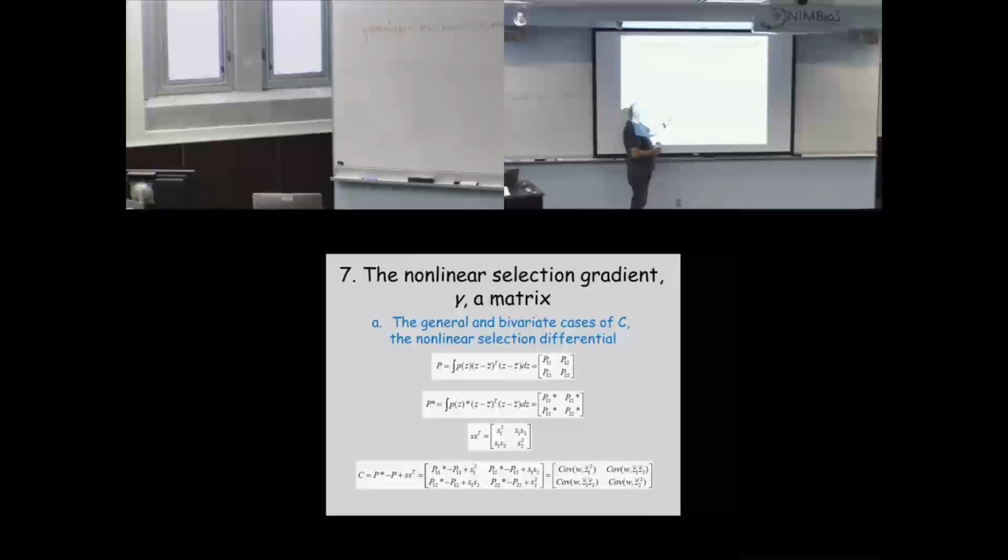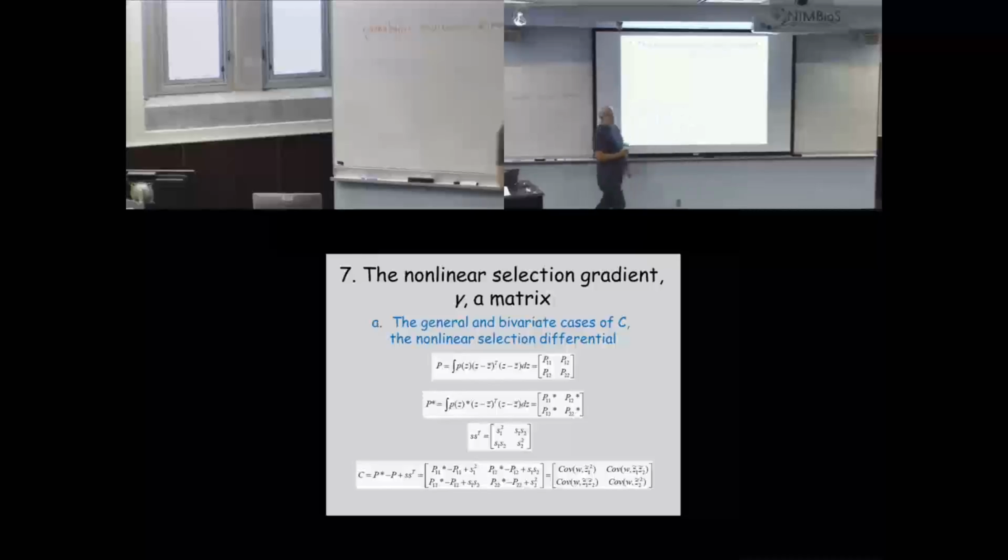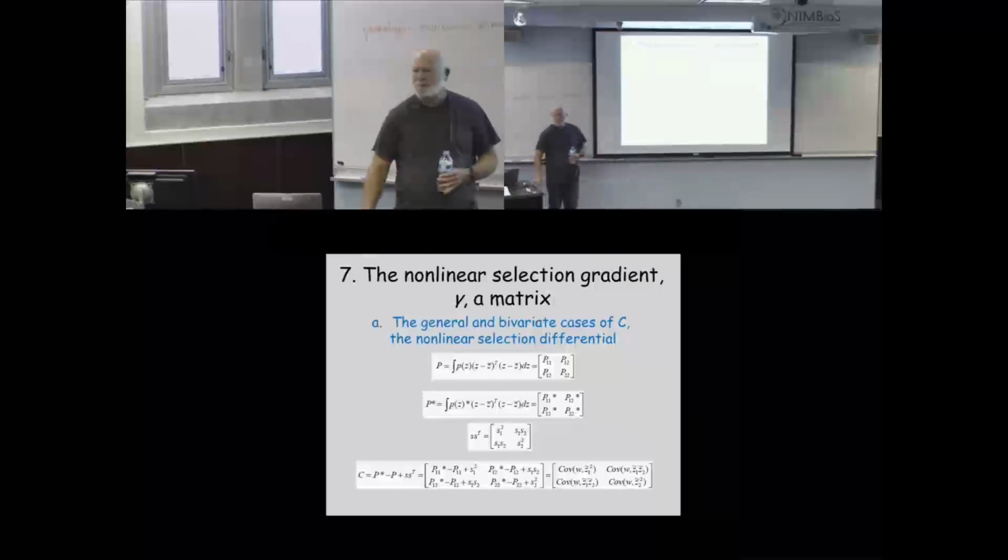S transpose is the same thing as a row. And that product then gives you that matrix. So this is the correction for the effects of directional selection on the variance of trait 1, the variance of trait 2, and here's the correction for the effects of directional selection on the covariance. Cool. You're right, I buzzed past that. It looked familiar, but I didn't know what it was anymore.